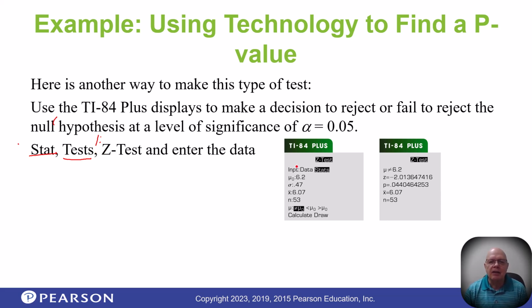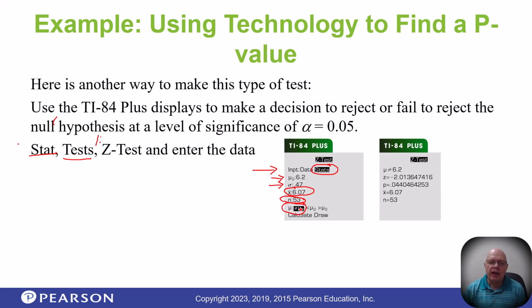Then enter the data. Notice it has a line here that says input data or stats. Well, we don't have the individual data, but we do have the stats. So make sure for this one, since we didn't have the data, that this stats is highlighted. Then we'll put in the value we're comparing it against, put our standard deviation for the population that we're given, and this is the mean from our sample, this is the size of our sample, and this is the kind of test we're doing.